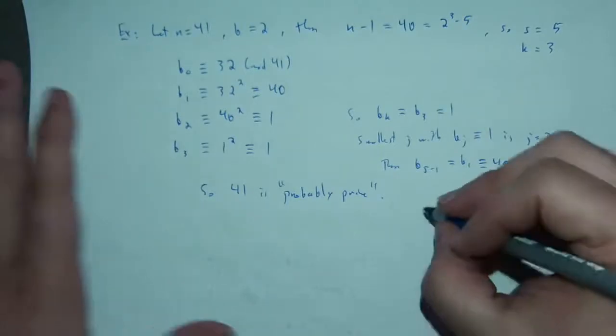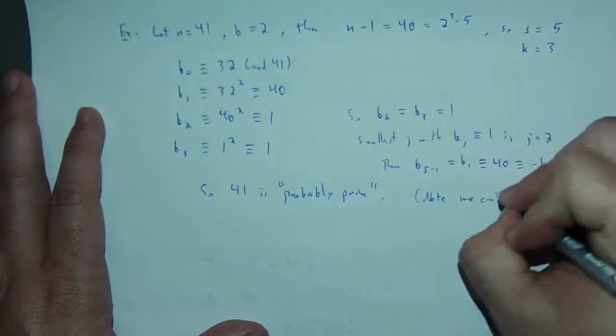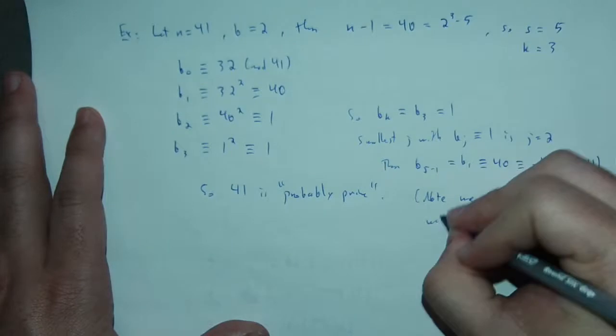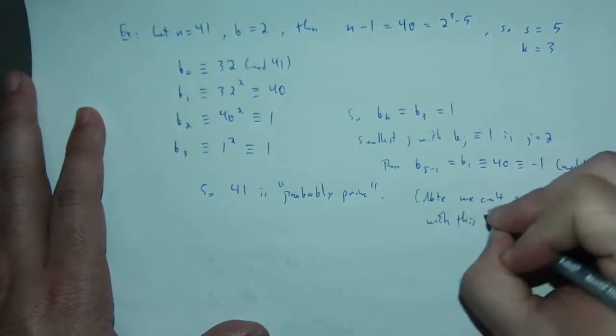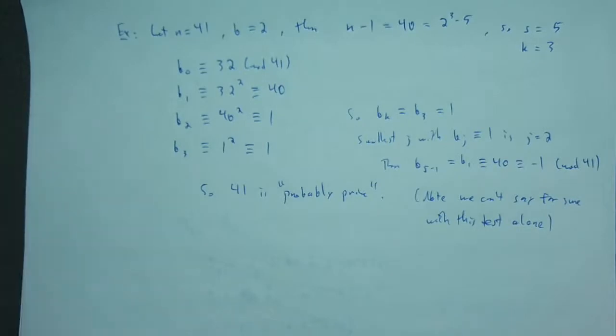Note, we can't say for sure with this test alone. It's not enough to prove that it's prime. It's just to give us evidence that it is probably prime, because passing the strong Fermat test is harder.